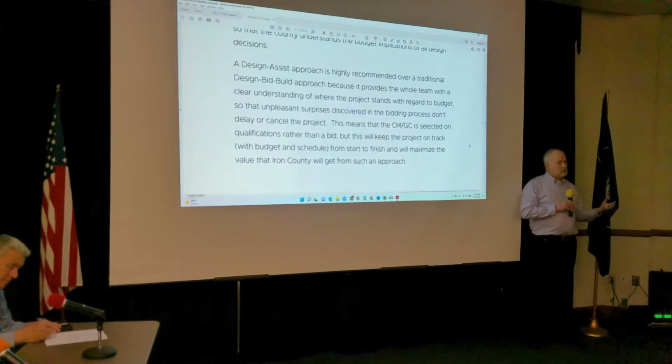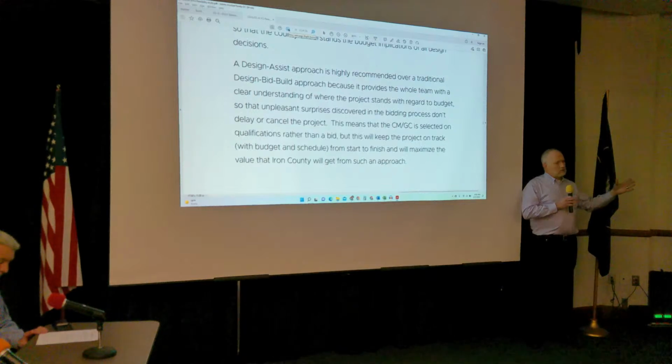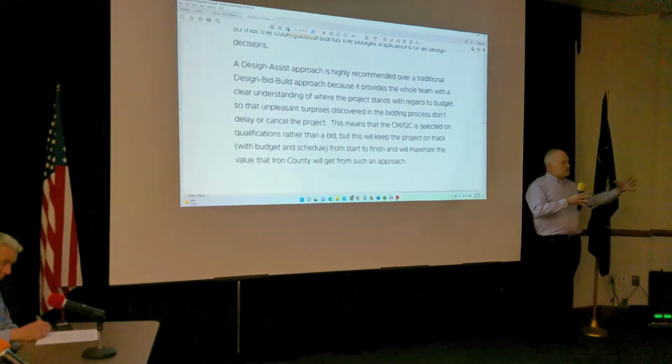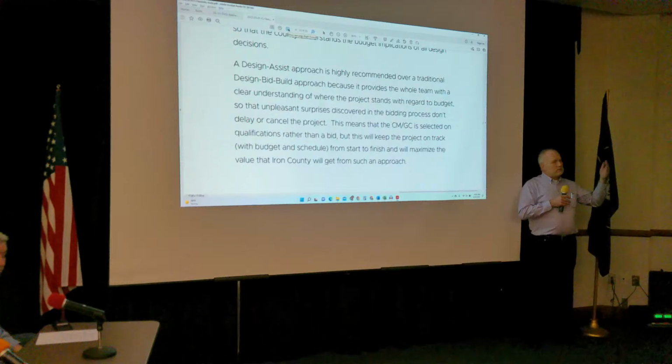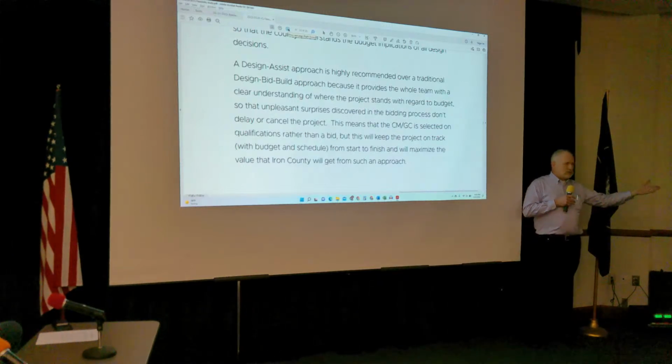And the reason for that is the contractor then becomes a part of the team from the beginning and takes part in the same design meetings as the architect and the county, and provides real-time cost estimating during that process, so that after we've gone through these many months of design, when we get to the end, we know exactly what it's going to cost and what you're going to get. And we have lots of detailed discussions: the sheriff may want this thing, and we say, well, we can do that, but it costs this much, and you might have to give up this other thing.